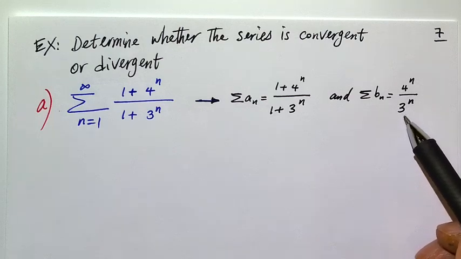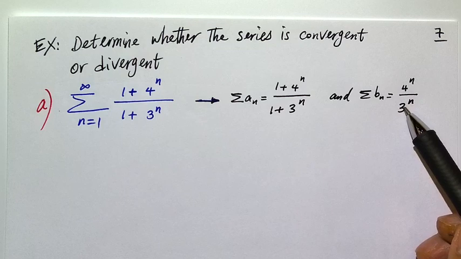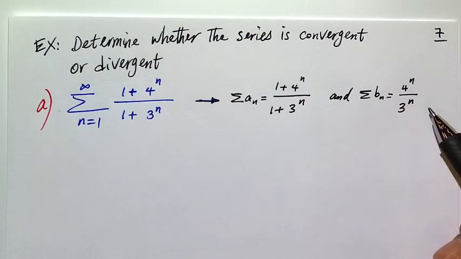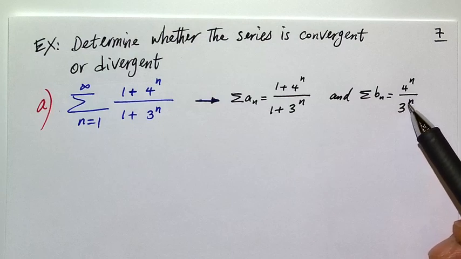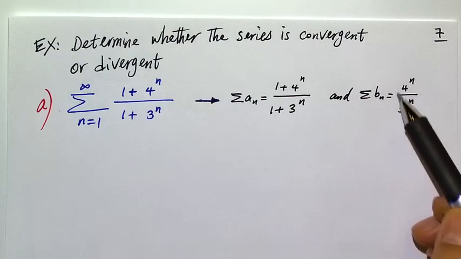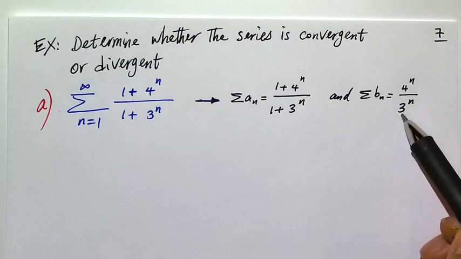And what happens when the common ratio is greater than 1 for a geometric series? Does it diverge or converge? If you remember that discussion from the previous section, it will diverge. For the geometric series to converge, this ratio must be less than 1.